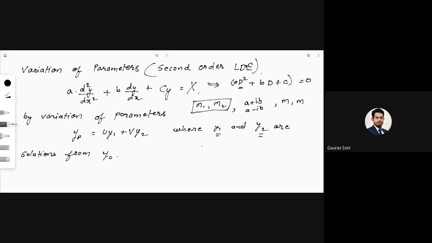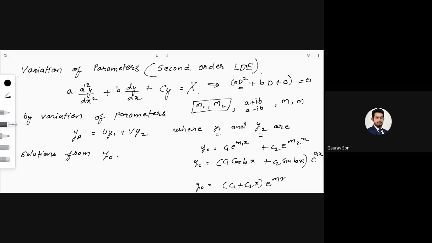So yc is equal to c1 e to the power m1x plus c2 e to the power m2x. In the second case it will be yc equal to e to the power ax times c1 cos bx plus c2 sin bx. And the third one will be yc is equal to c1 plus c2x, e to the power mx.